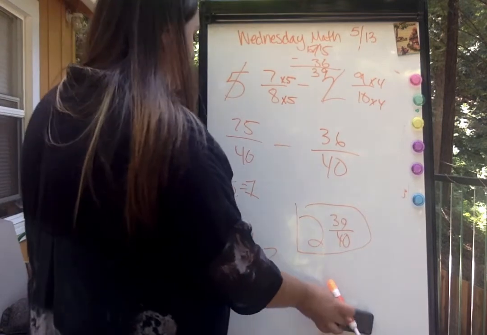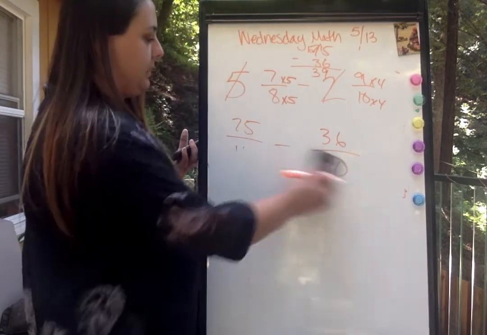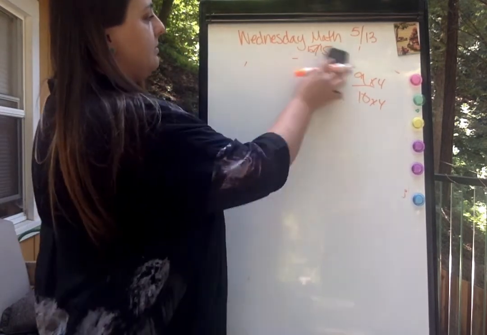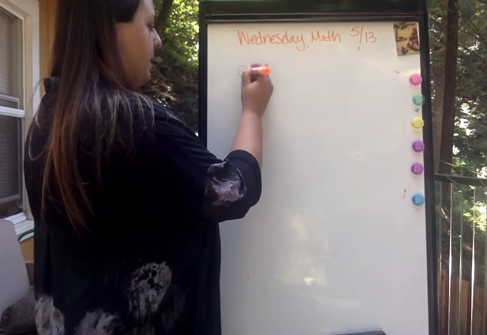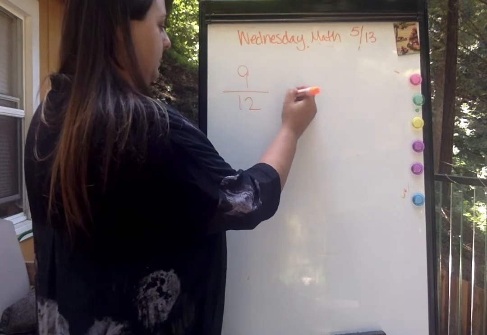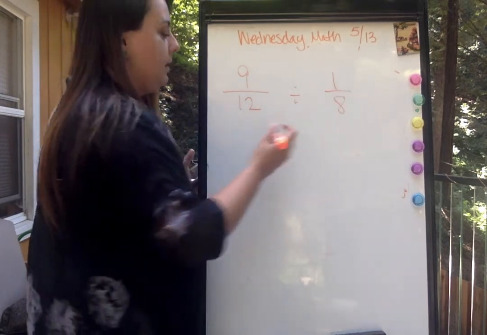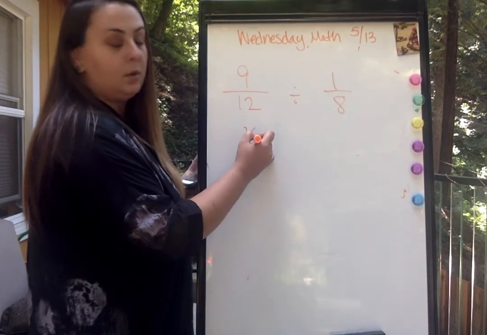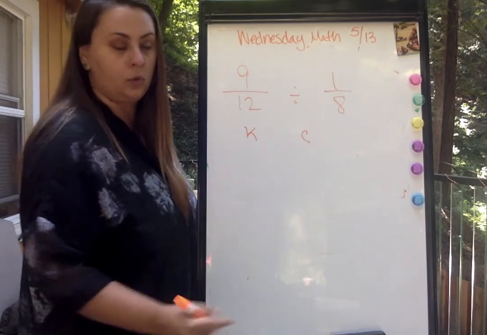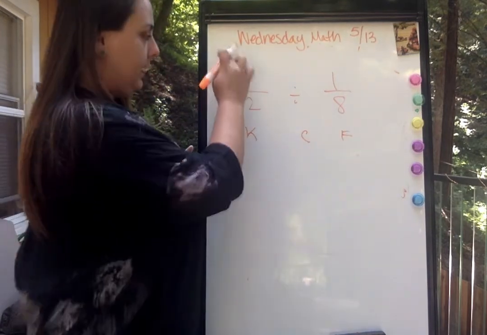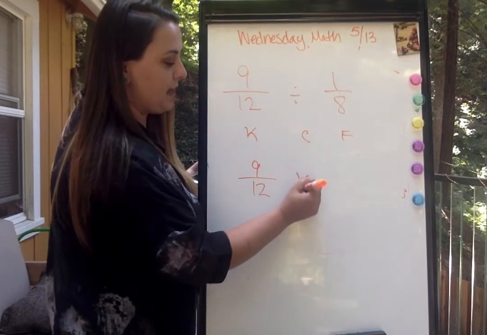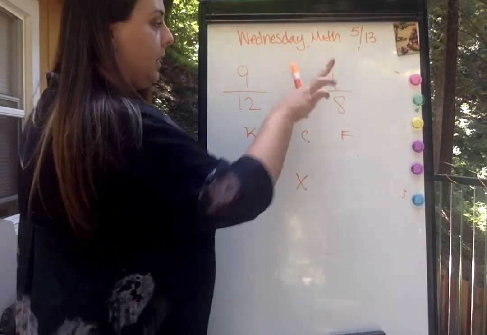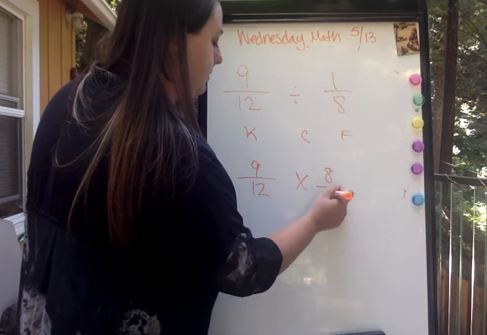Now we're going to find the quotient, which means we're going to divide some fractions. And we've got 9/12 divided by 1/8. And we're going to keep, change, flip. Keep your 9/12 as it is. Change your sign to multiplication and flip this.